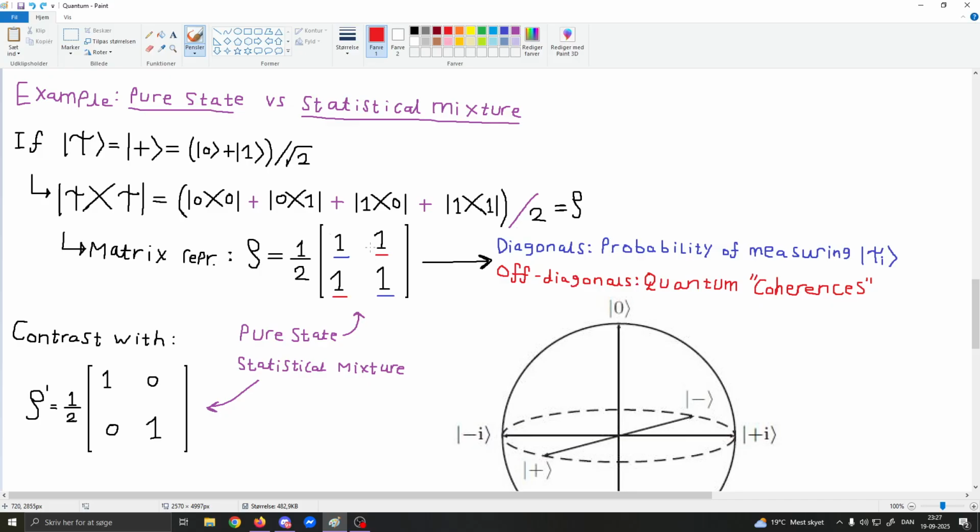There are two important things to notice. First of all, we have diagonal elements. These diagonal elements correspond to the probability of measuring that state. Because this element corresponds to the outer product of ket0, it corresponds to the probability of measuring ket0.